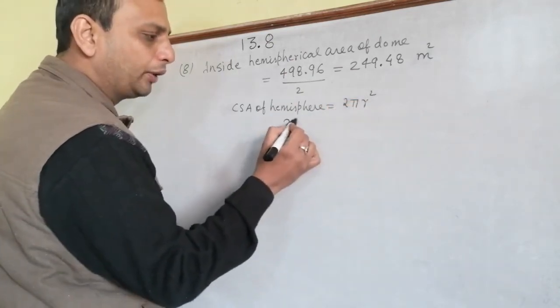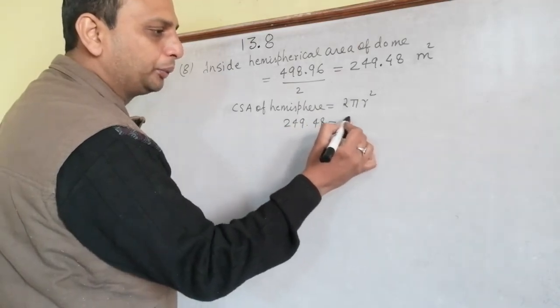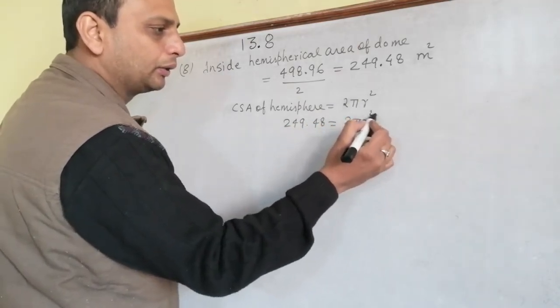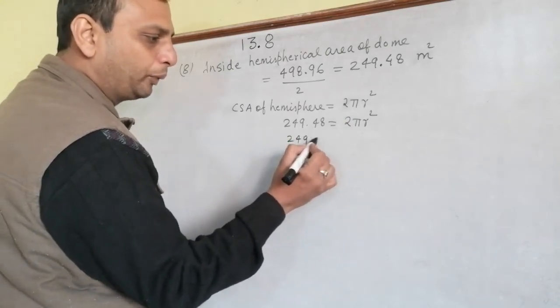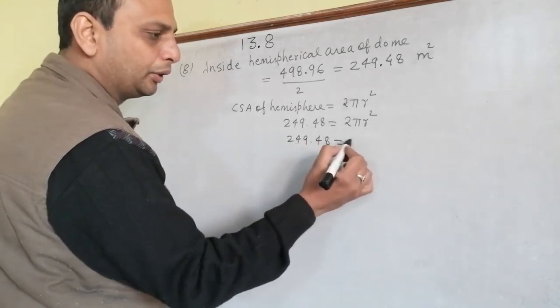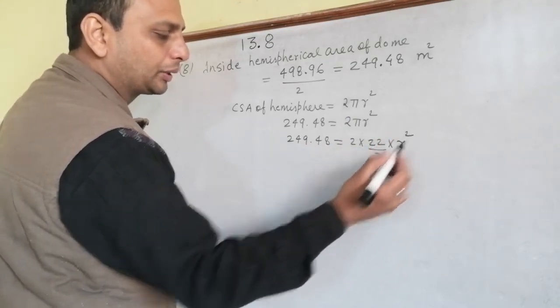So we can write 249.48 will be equal to 2 pi r square. So 249.48 divided by 2 into 22/7 is equal to r square.